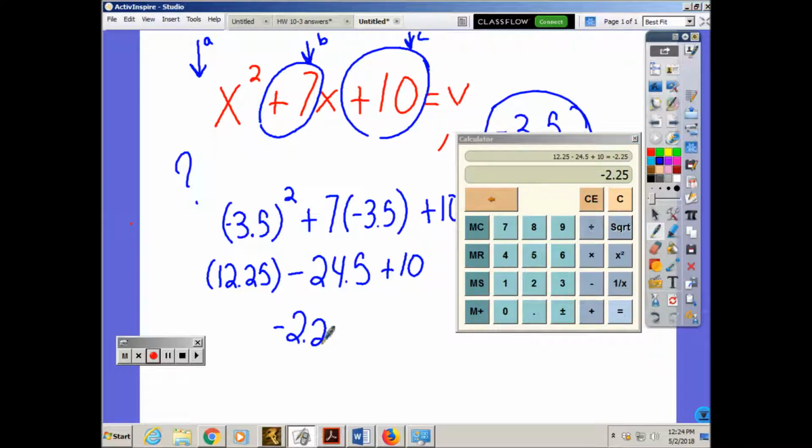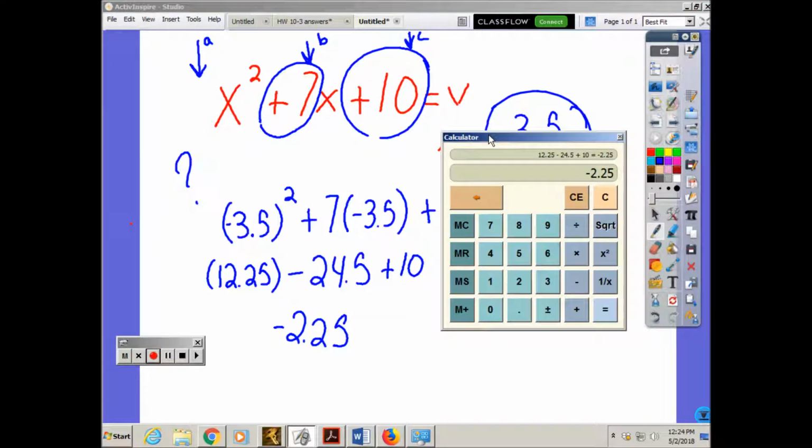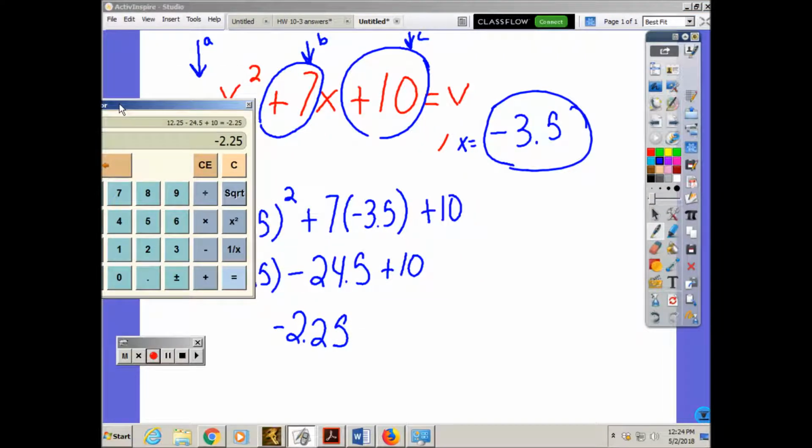But the issue is the vertex is also an ordered pair because it's a point. And a point needs an x-coordinate and a y-coordinate. The x-coordinate is the axis of symmetry.